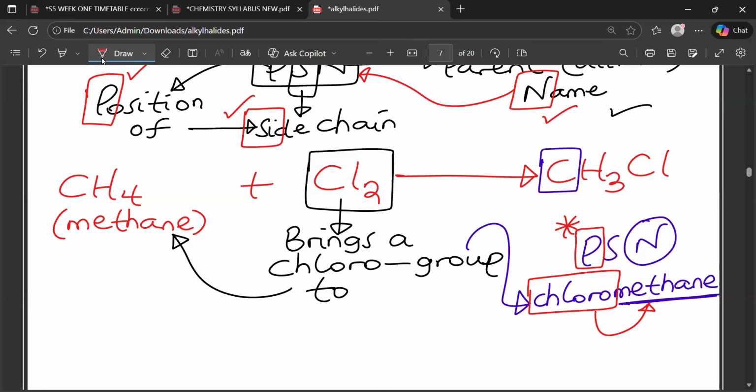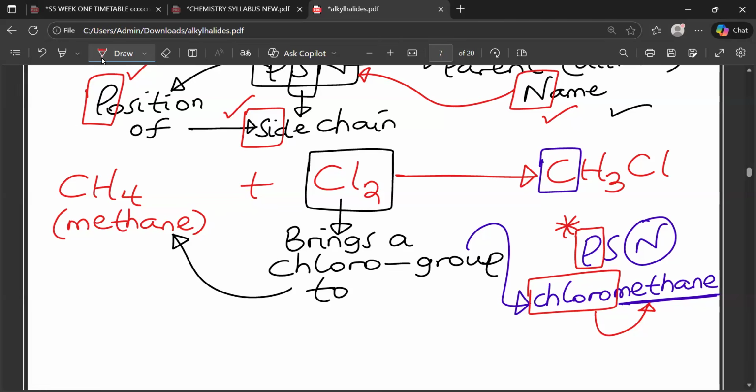So mentioning the position of that one chloro is not important. When you say one chloro, that means there is a possibility of having 2 chloro, 3 chloro, and others. But if it is one chloro and there cannot be any other possibility, then the position is not necessary. PSN, chloromethane.